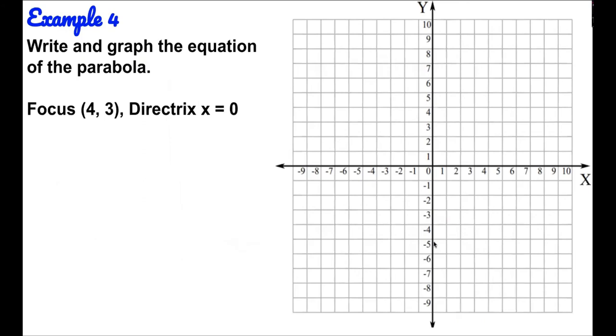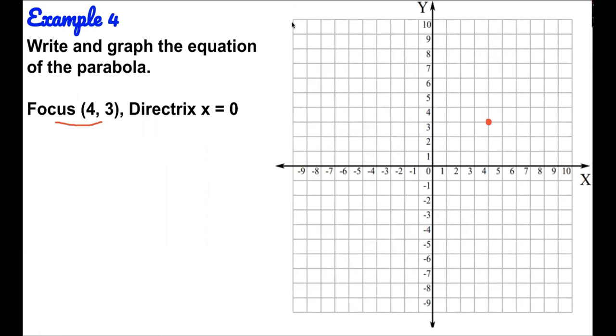First things first, let's graph our parts. Let me grab my tools. Let me grab my focus. My focus is at (4, 3), so here's 4, positive 3. Let me say this is my focus.